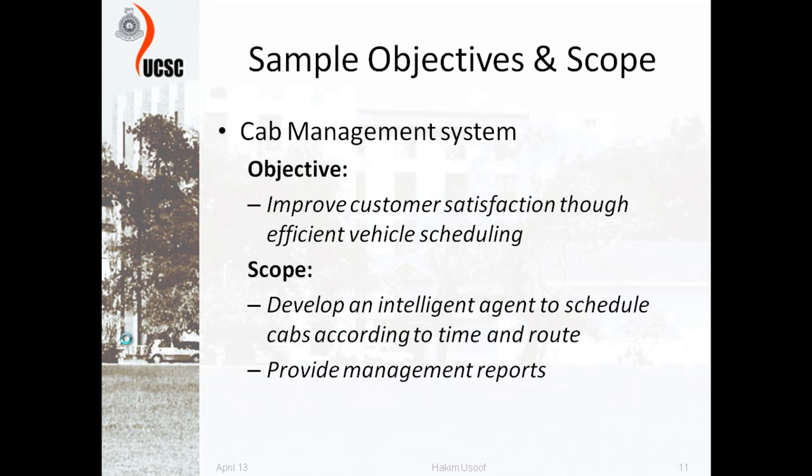What are you going to do with your scope? What are you going to give? That is, develop an intelligent system to schedule cabs according to time and route and provide some management reports. That's a scope. So you see there's a clear difference between an objective and a scope. And make sure that you don't make this mistake where people put scope as objectives and objectives as scope. There's a clear difference. And lots of people find it really hard to identify the two differences.